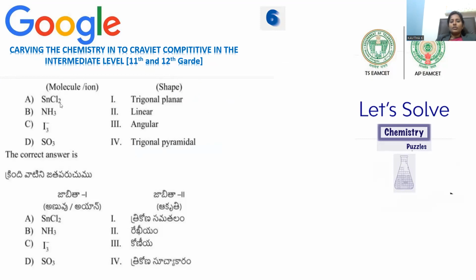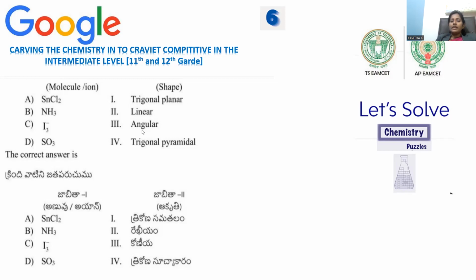Here SnCl2 is called tin chloride, stannous chloride, and NH3 is ammonia. Next, I3 minus is called the iodine anion, right? SO3 is called sulfur trioxide. If these are the molecules and ions included, what will be the shape?